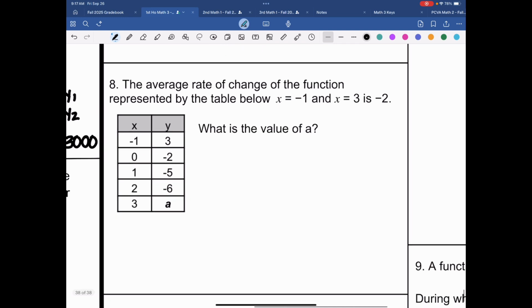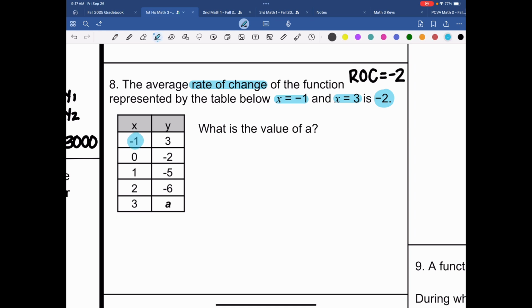All right, so for number 8, it says the average rate of change of the function between x equals -1 and x equals 3 is -2. So right now, they're telling me that we know the rate of change. The rate of change is -2. They want us to find the missing value of a.